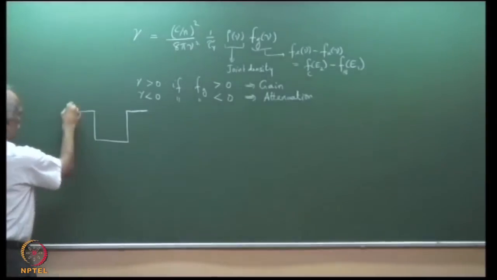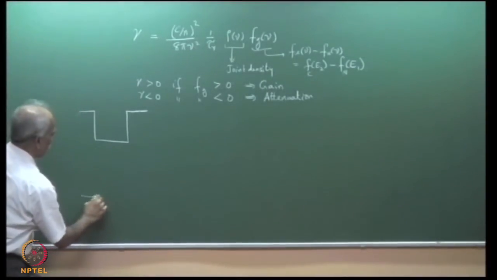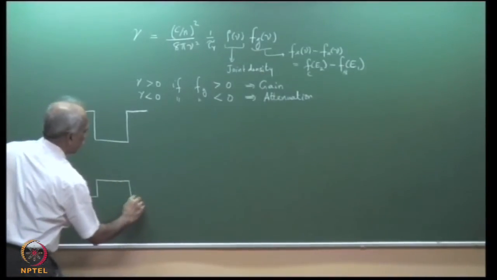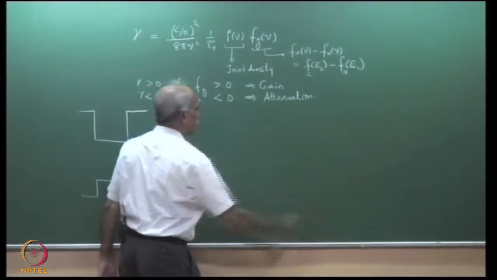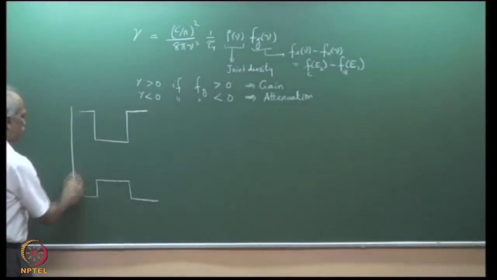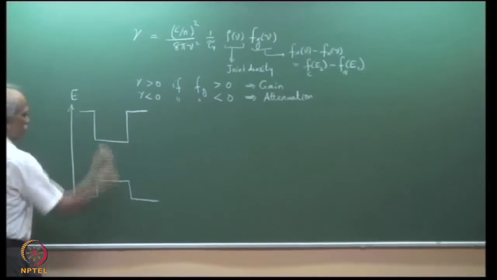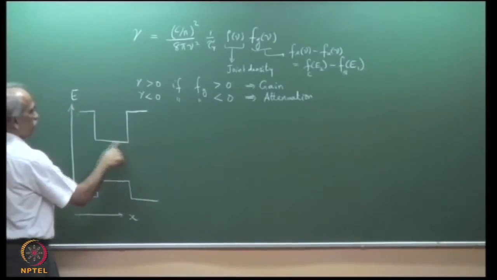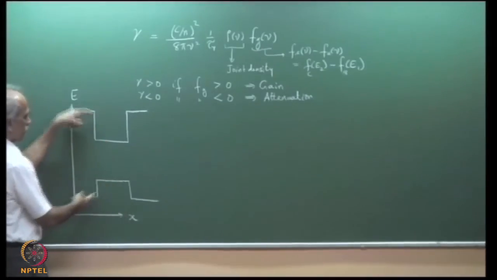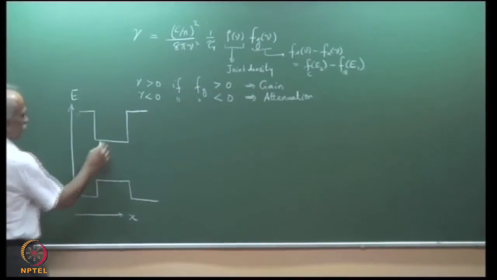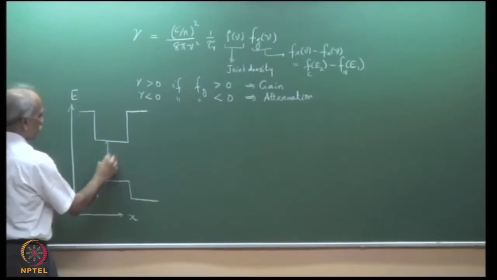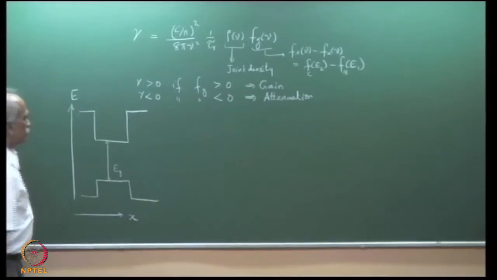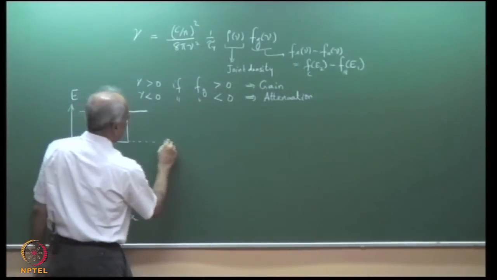This is the energy axis, E versus X. This is EC of the low band gap material, and this is EV. So, this is EG1, the EG of the low band gap material.